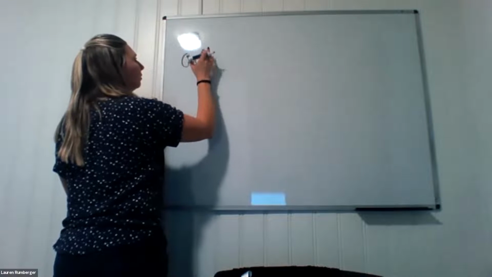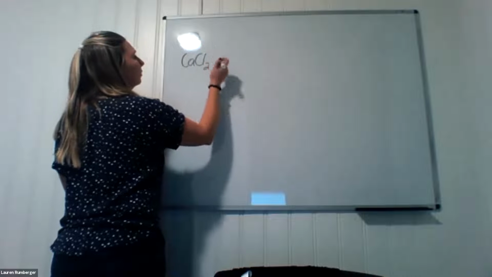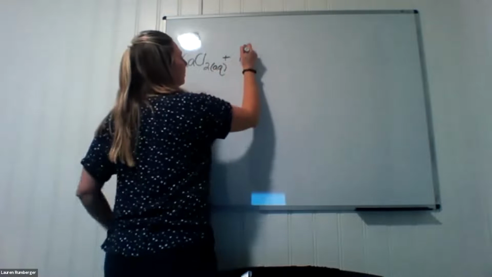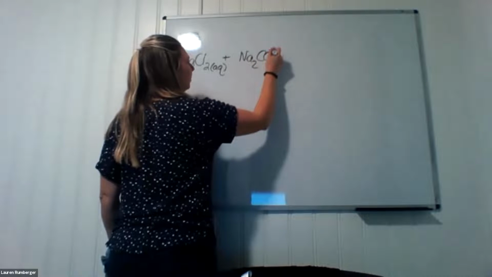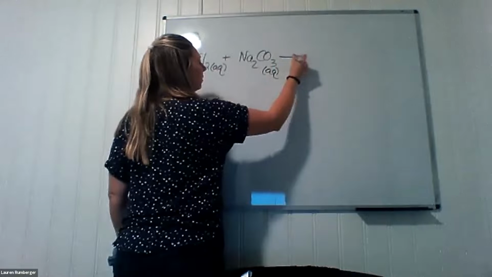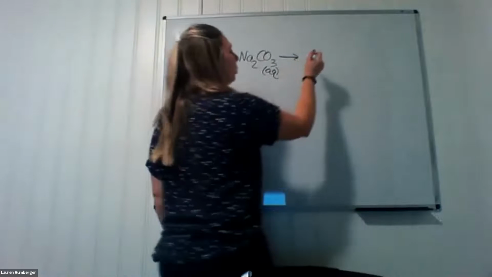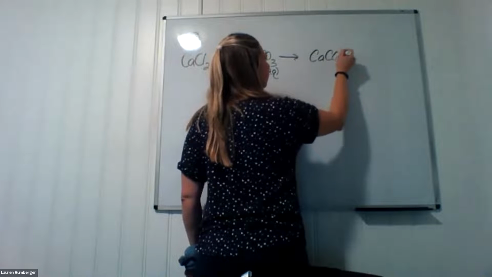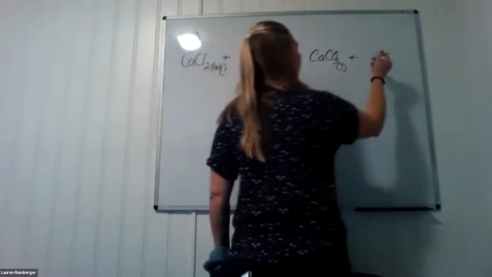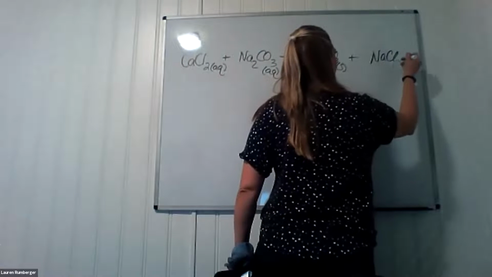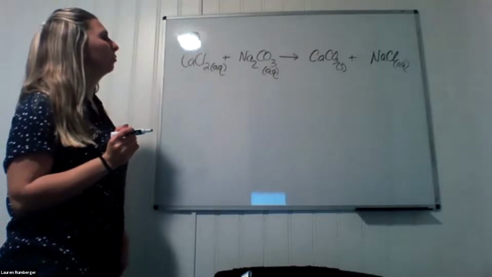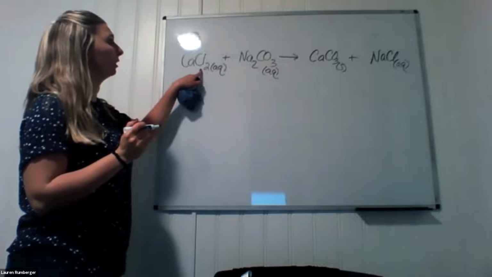CaCl2 aqueous is reacting with sodium carbonate, which is Na2CO3 aqueous, to form calcium carbonate, which becomes a solid, and sodium chloride, which is in solution.